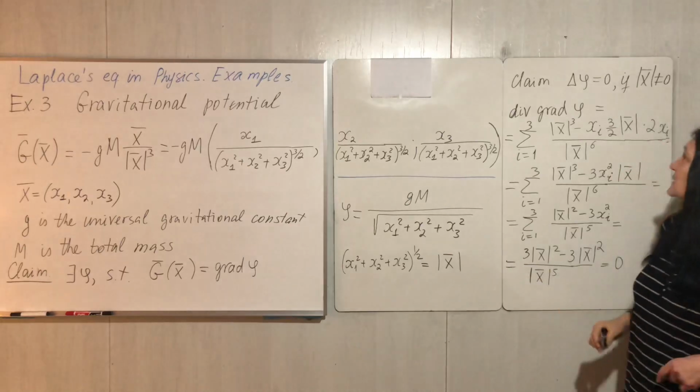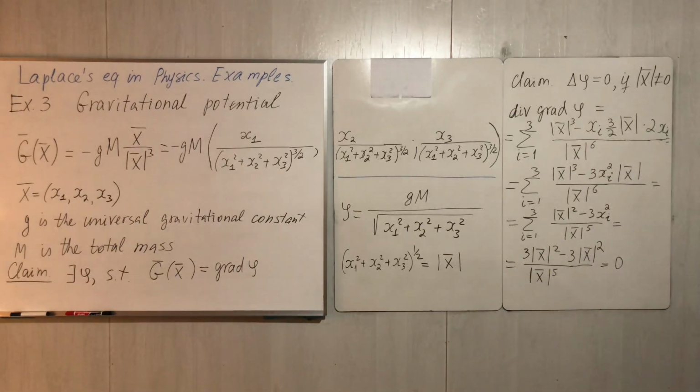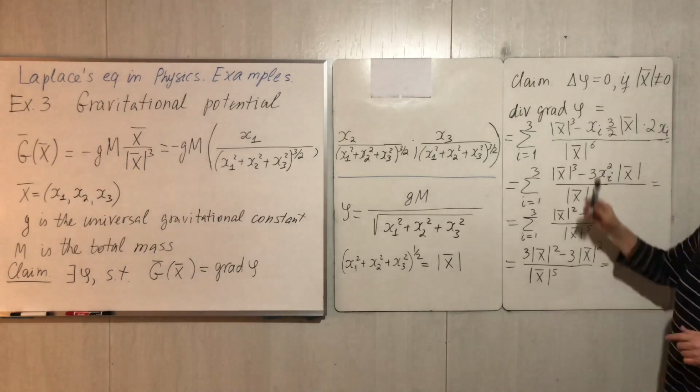And then the next claim would be that our function phi, our gravitational potential, satisfies Laplace's equation if we avoid the origin, if the magnitude of vector x is not 0, right? So outside of the origin.